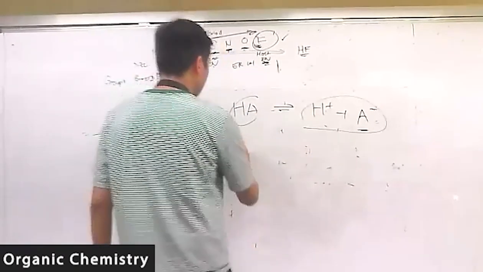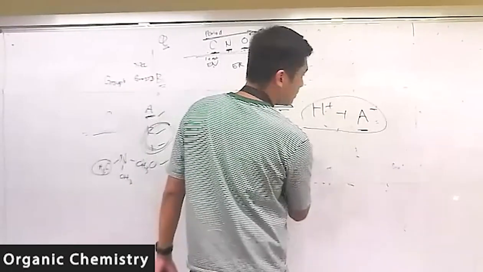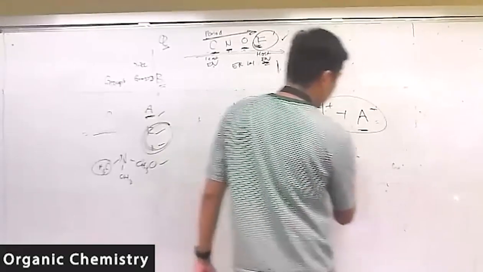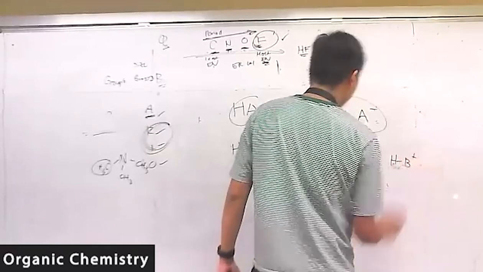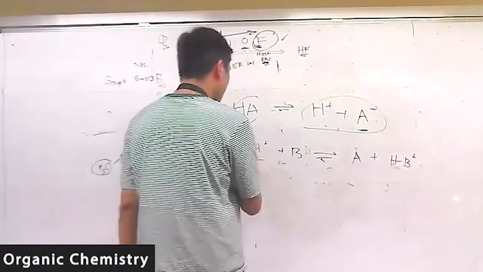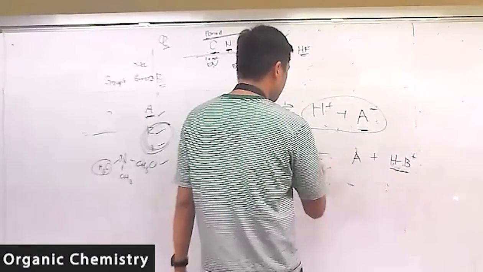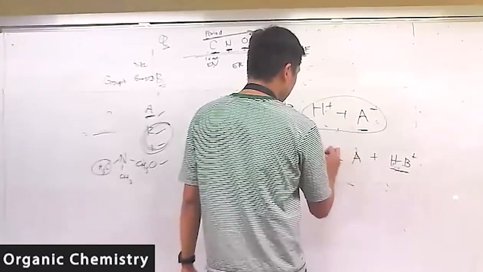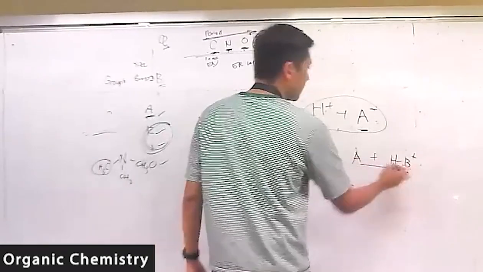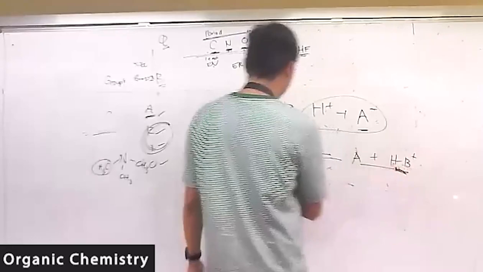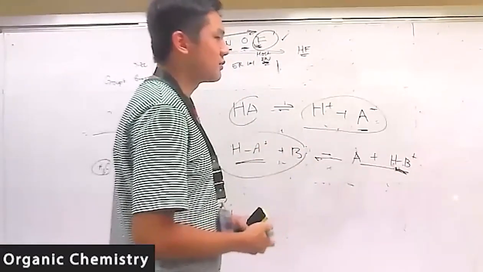For example, for the cation, let's say HA plus is a lot more stable than HB plus. Then we would see that this side is a lot more dominant than this side, because this is unstable and we wouldn't see it naturally. So that's the general idea which we could explore in a bit more.